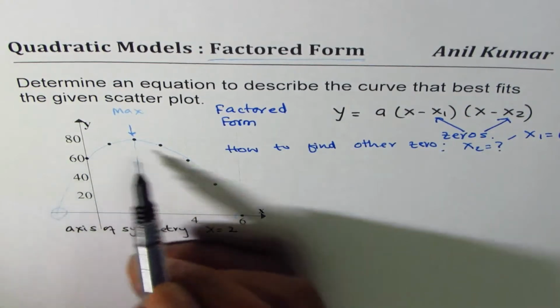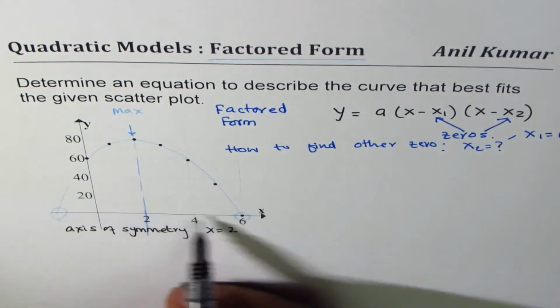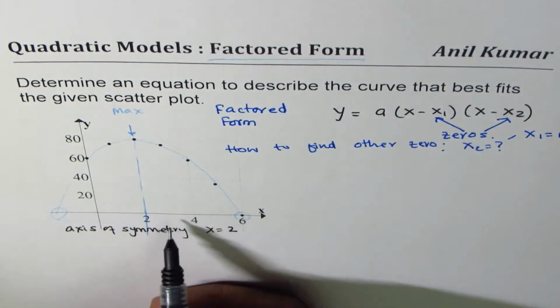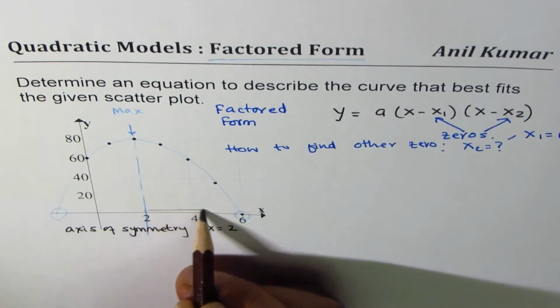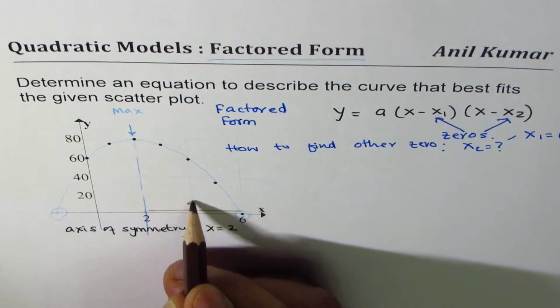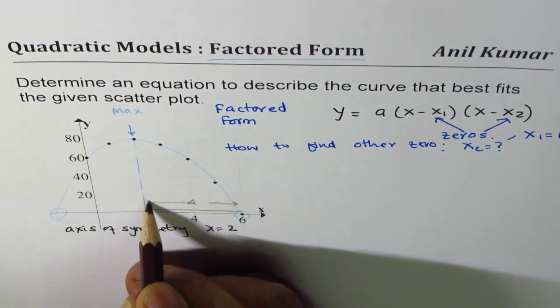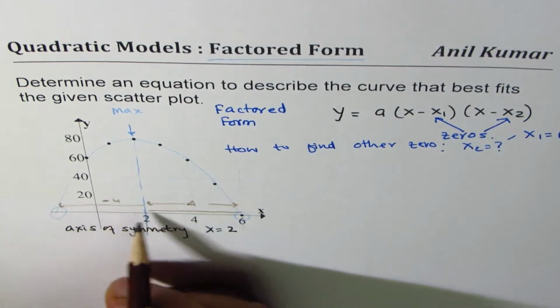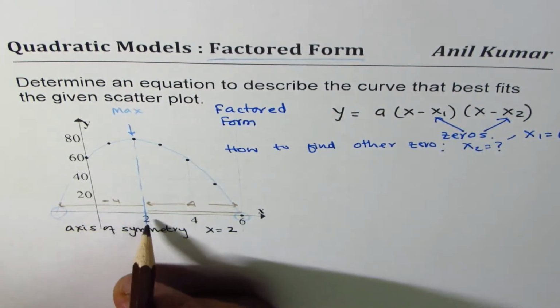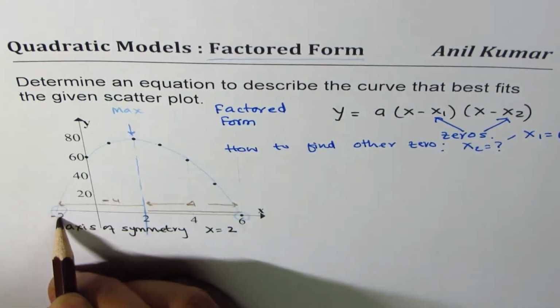As you know, a parabola is symmetric about its axis. That really means that the zeros should be the same distance apart. From 2 to 6, we are 4 units apart, 6 minus 2. So here also we should be 4 units apart. So minus 4 should give us this value. Clearly, this value should be minus 2.